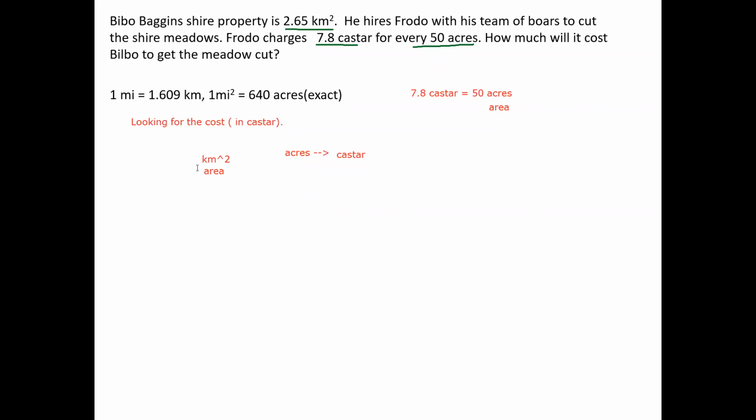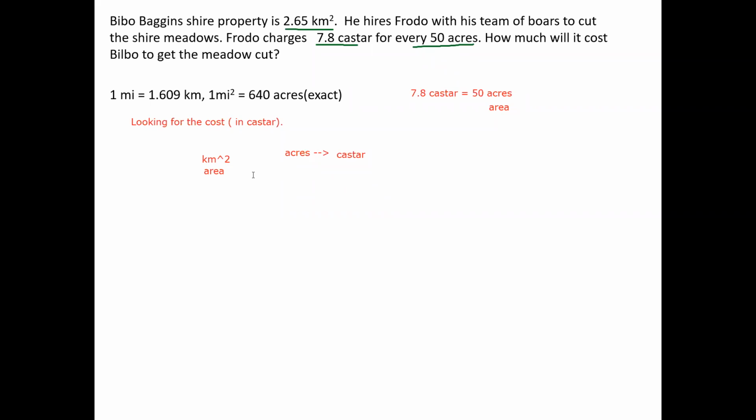So now we've got kilometers squared, which is given to us. It's a unit of area. Acres is a unit of area. Now there's no direct conversion given to us between kilometers squared and acres. If there was, we could do a direct conversion.